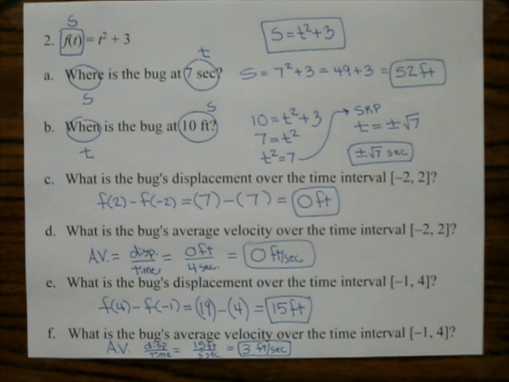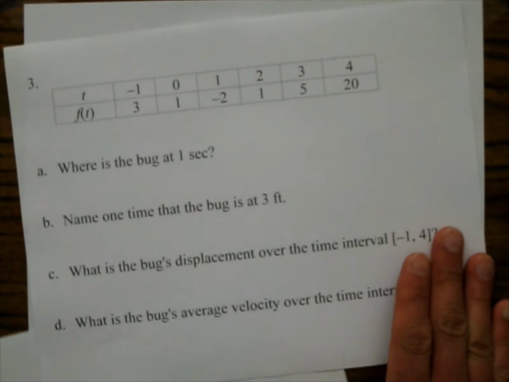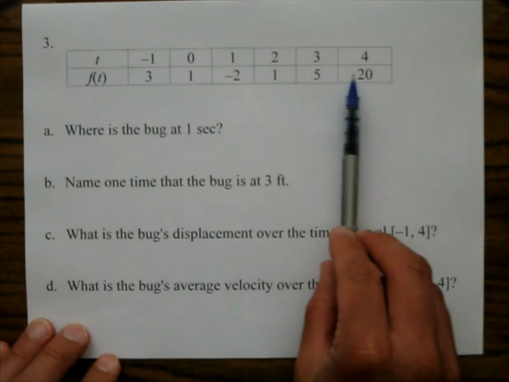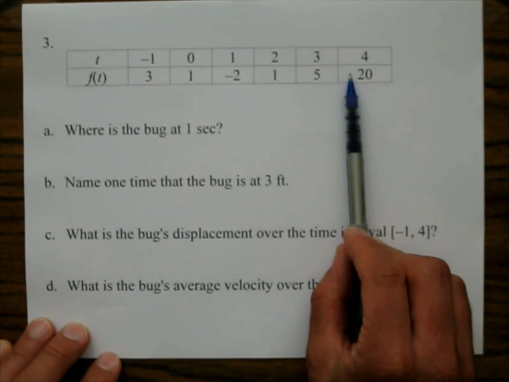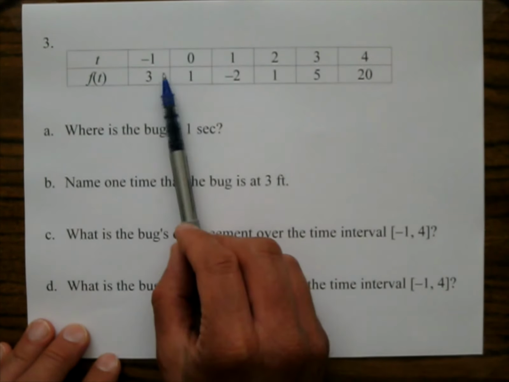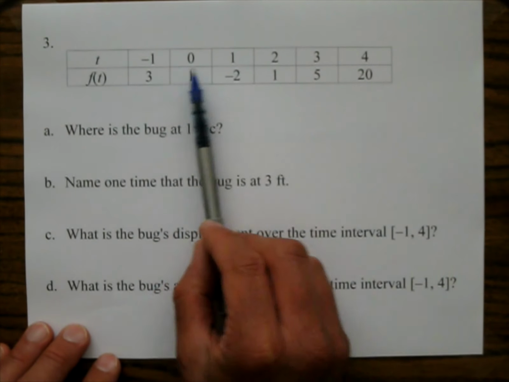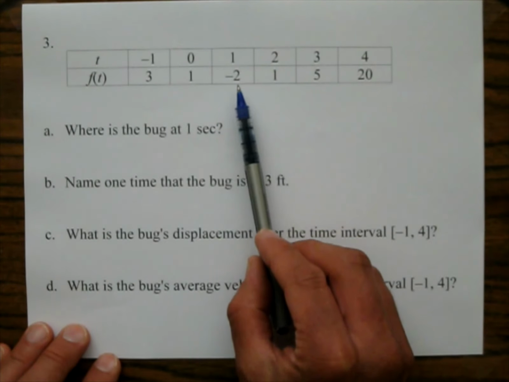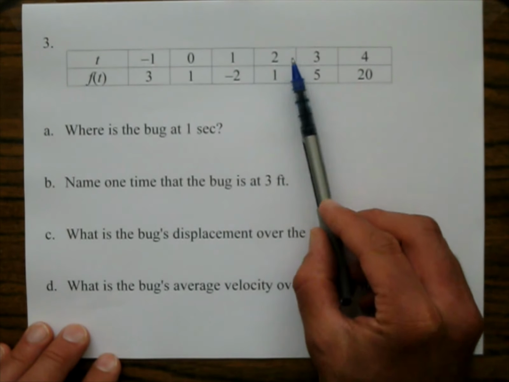And this last problem is the bug's movement presented on a table. Okay? So the disadvantage of the table is, where was the bug at like 1.5 seconds? We don't know. So at 1 second the bug was at -2 on the number line, and at 2 seconds the bug was at 1.